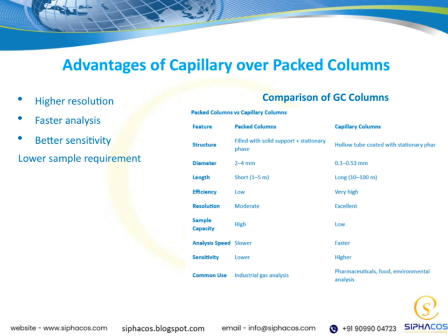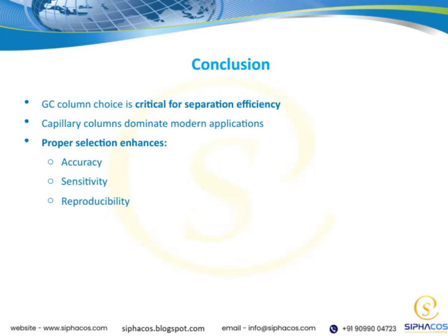And finally, they require a lower amount of sample, which is especially beneficial when sample quantity is limited. Overall, these advantages make capillary columns a powerful choice in modern chromatography, aligning perfectly with our goal of achieving precise, efficient, and sensitive analysis.